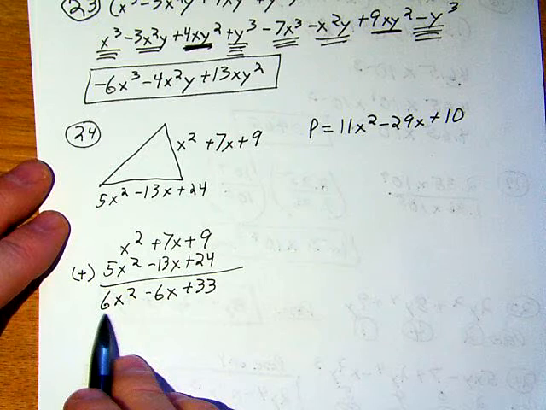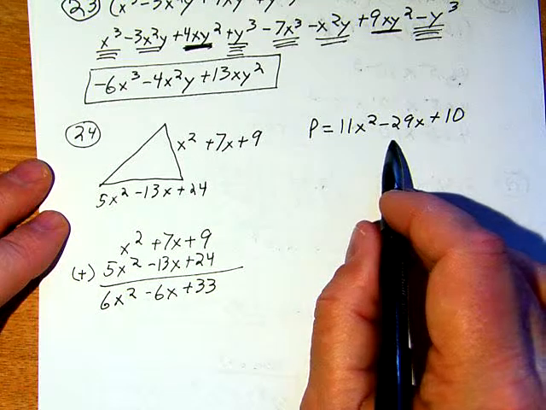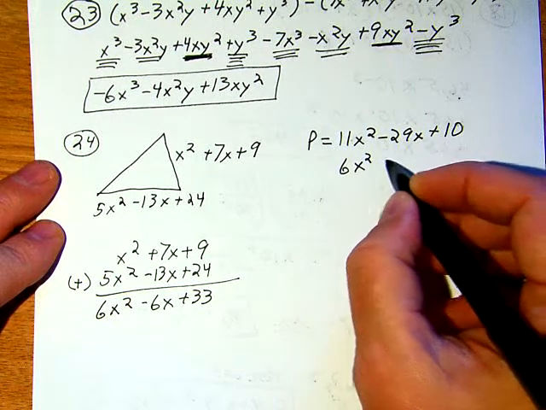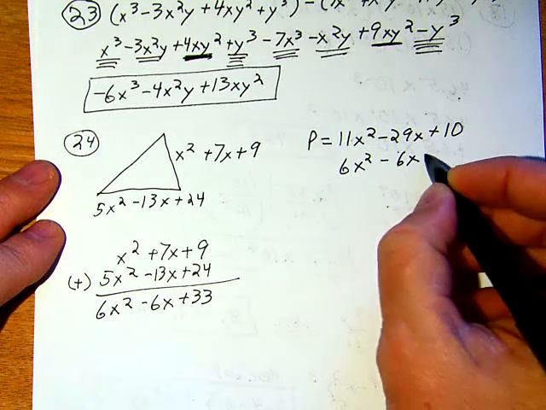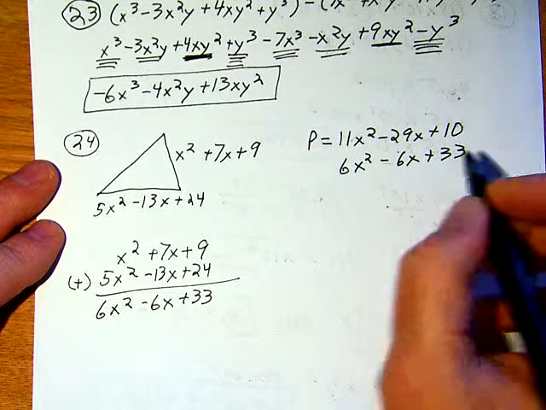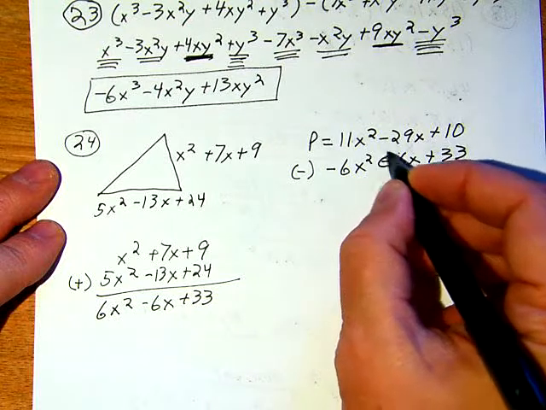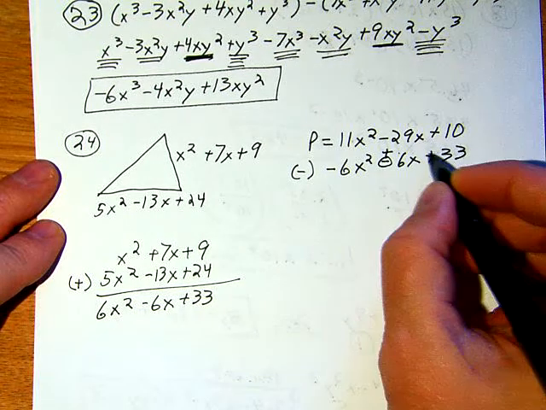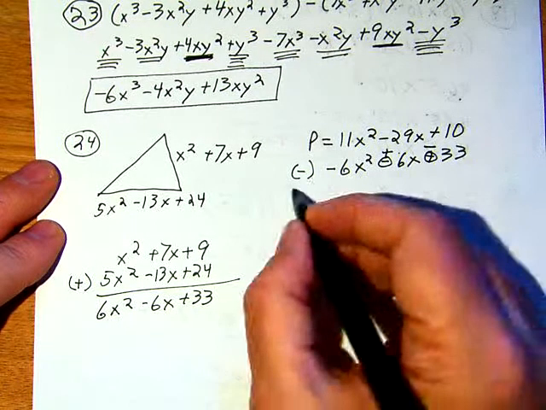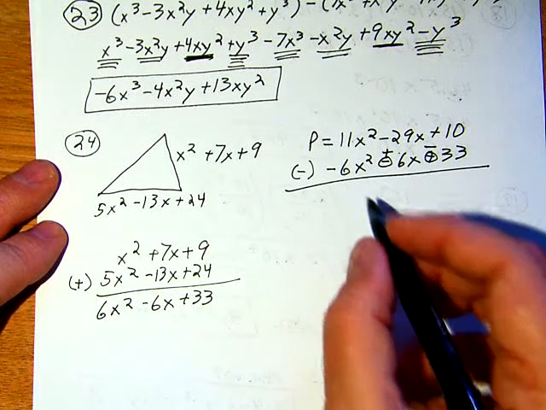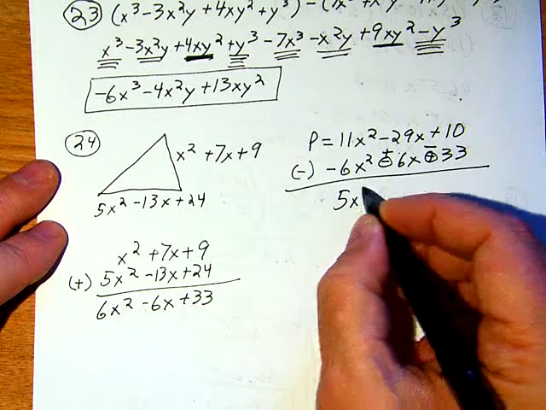Now I'm going to take that number and subtract it. So I got 6x squared minus 6x plus 33, but I'm going to subtract it, so that changes the sign of each one of these. 11x squared minus 6x squared is 5x squared.